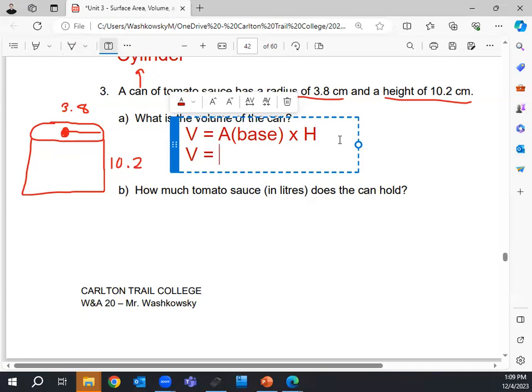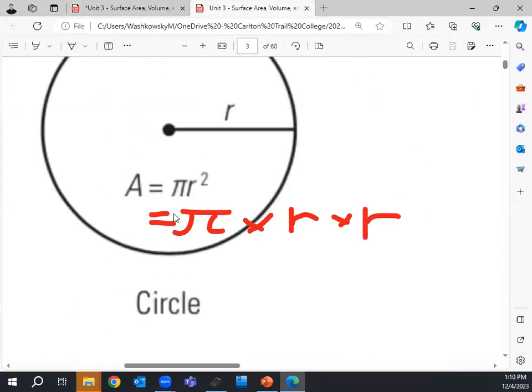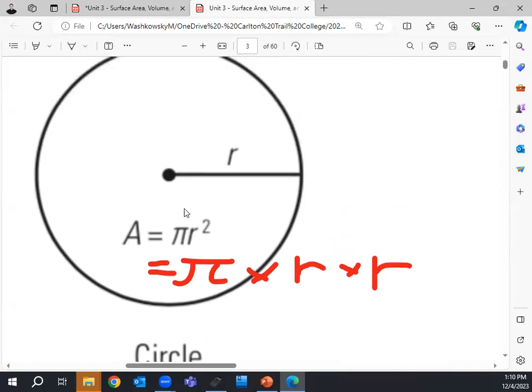Oh, well, what's the area of a circle? Like, what's the formula for an area of a circle? So we're gonna have to go all the way up to the very top of your booklet here. It's gonna be pi times radius squared, right? That's the area of a circle.